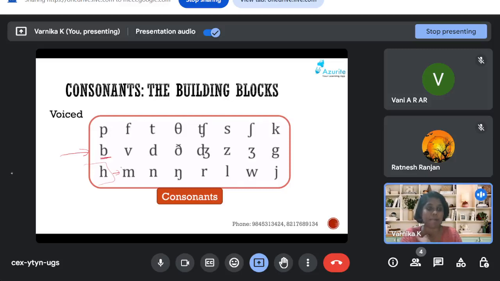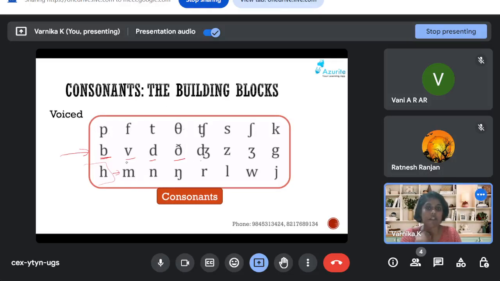Okay, so let's see what they are. First one, b, b, v, v, d, d. This symbol is again a th sound, so you have to put your tongue in between your teeth. Okay, th sound.